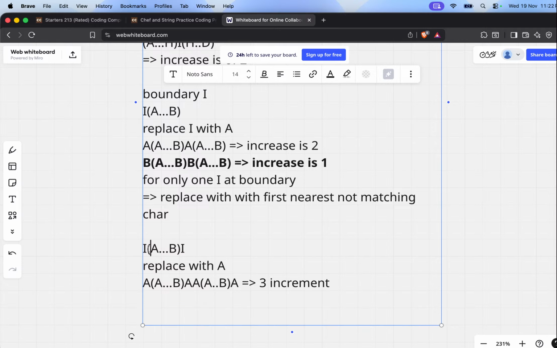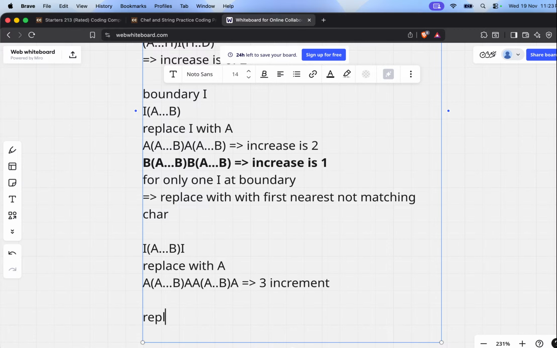1 increment because this last I and this first I match. Okay. And 1 increment because this I matches with the starting character. So already that gives us the case which we discussed earlier, and 2 increment is due to this particular case, and 1 increment is because this I and this I match. This particular I and this I match. Okay.